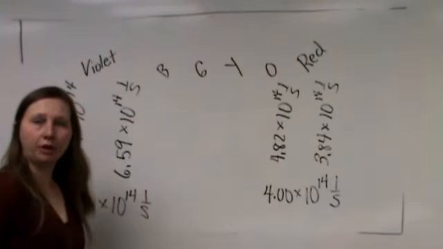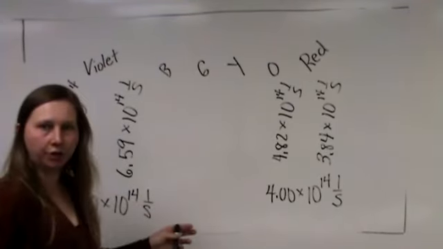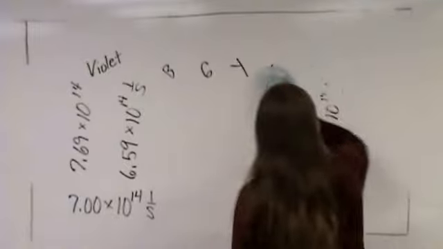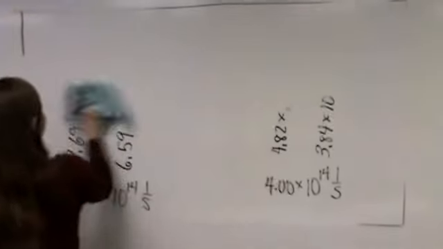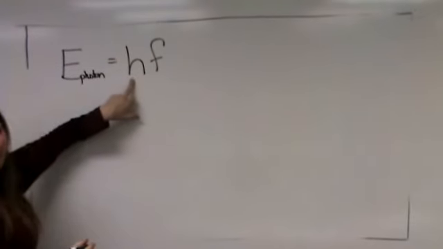Okay, now that we have frequencies and we know Planck's constant, we can calculate the energy in a violet photon and the energy in a red photon. Let's do that. Here's the equation again. The energy of a photon is equal to Planck's constant times the frequency.